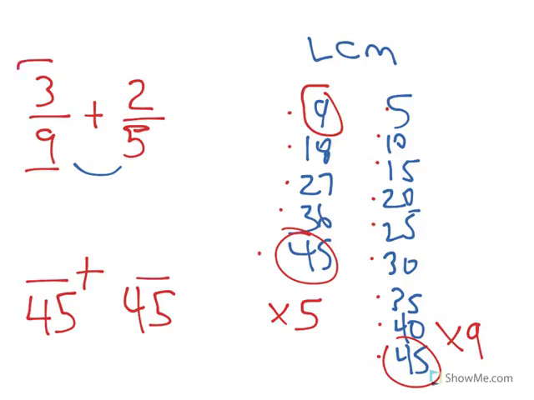So whatever is in the numerator, I have to multiply by 5. So that's going to be 15. Same thing with this 2 fifths. I changed it to over 45ths, so I went down 9 levels. So I have to multiply the top number by 9 also. So that's going to be 18.